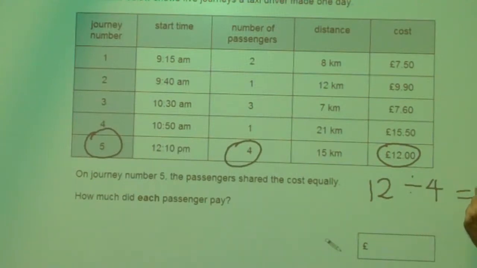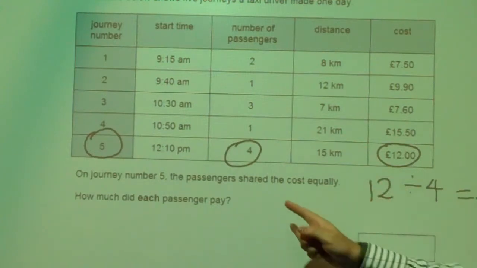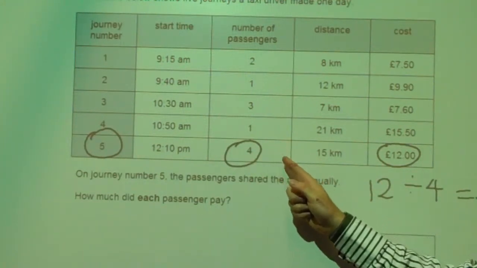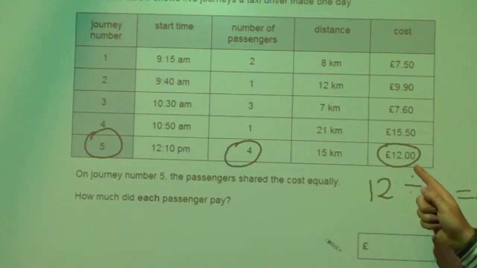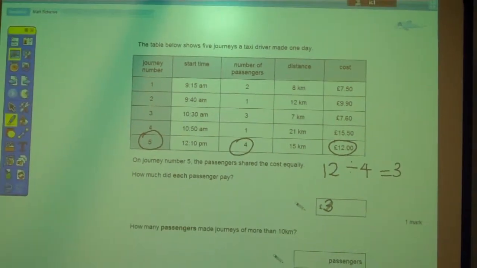I know that 12 divided by 4 is 3. So each of those passengers paid £3 each for this journey to make £12. I'm just going to check it. 4 passengers, £3 each, 4 times 3 should give me £12. Yes, I'm right. So in the box here, I'm going to write 3. £3 is the answer to that one.